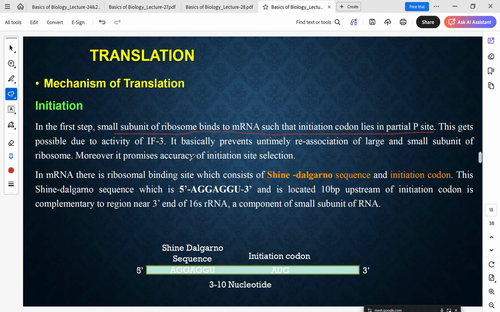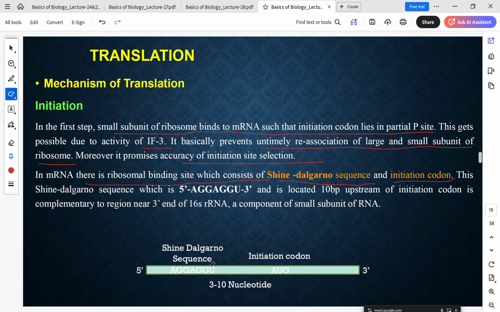So this happens by initiation factor 3. It prevents untimely reassociation of the large and small subunit of the ribosome and promotes the accuracy of initiation site selection. Within the mRNA, there is a ribosomal binding site called the Shine-Dalgarno sequence, and the initiation codon.